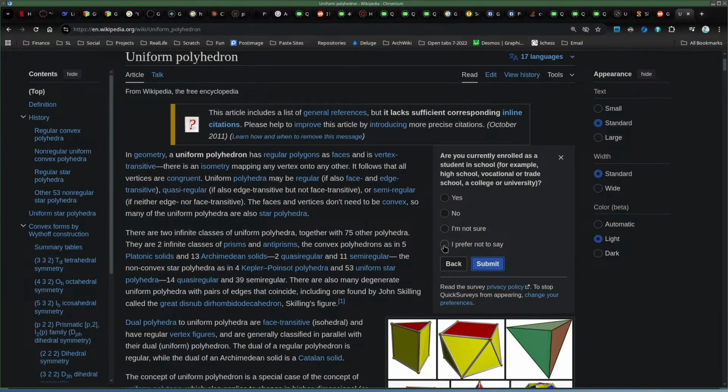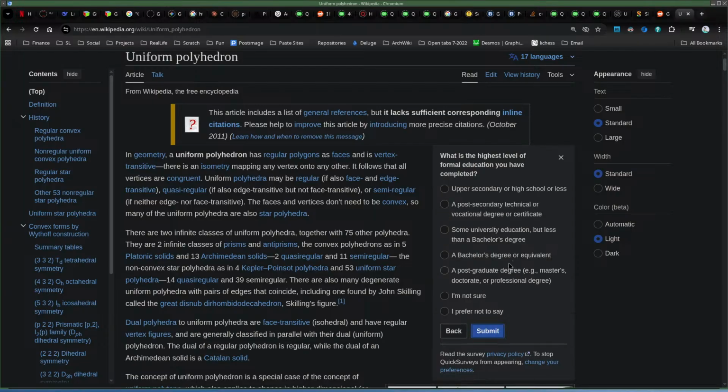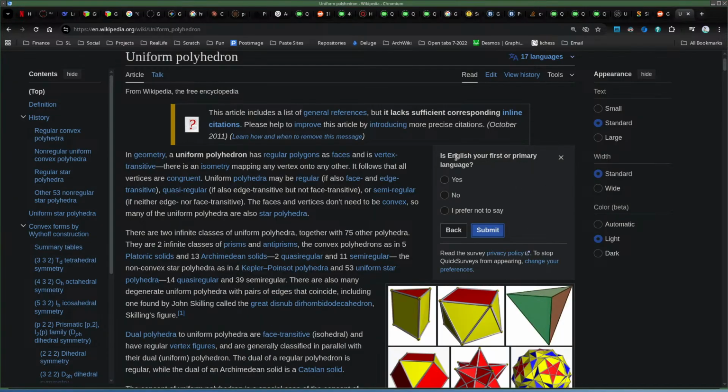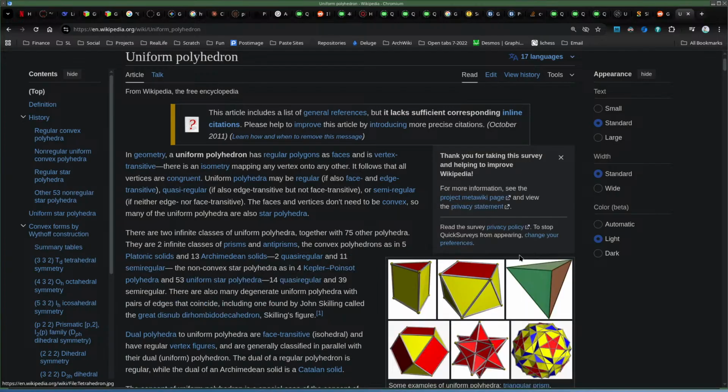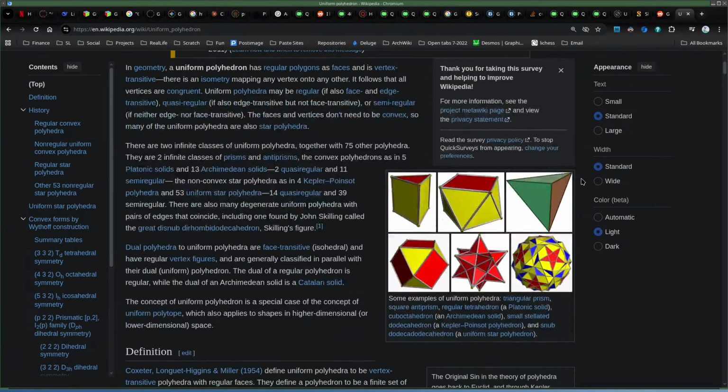I prefer not to say. No. It is the highest level of formal education. English is your primary language. You get the option to say something else. Yeah, well, okay. The biology section is over there.